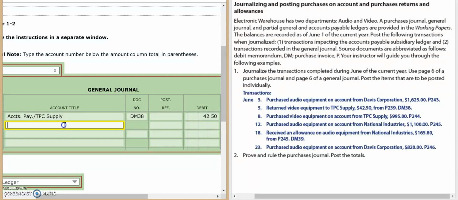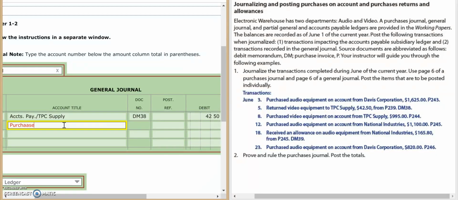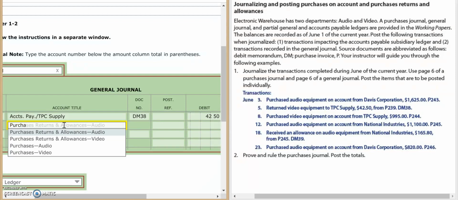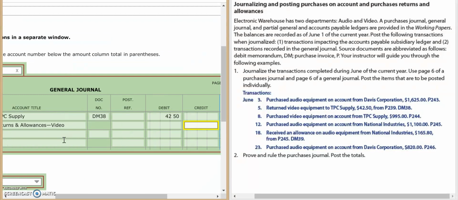And then our credit goes to purchases returns and allowances, because we returned video equipment. So we need purchases returns and allowances for video. Then we come over and that gets a credit of $42.50.